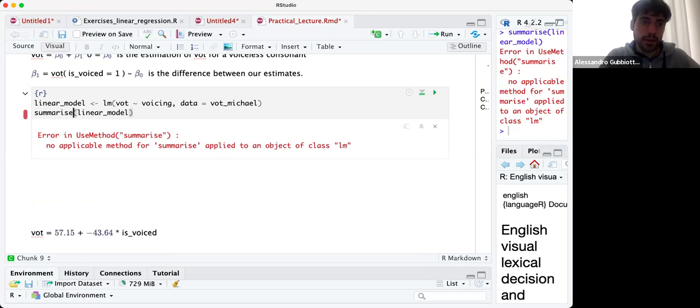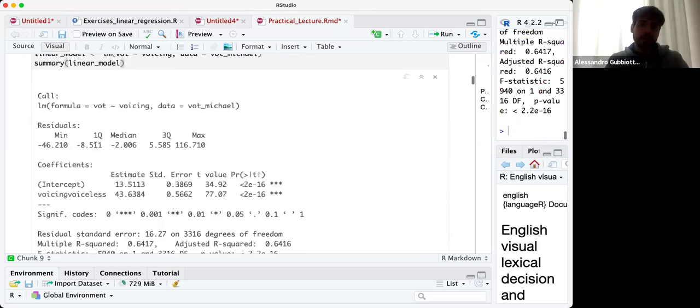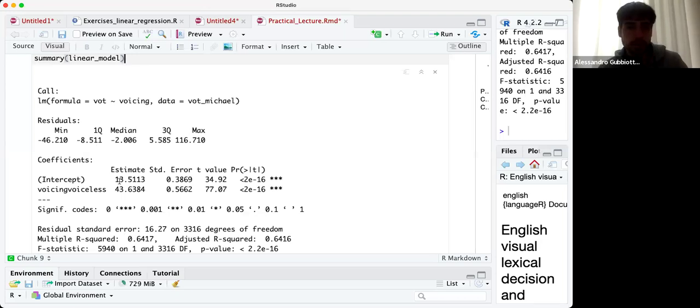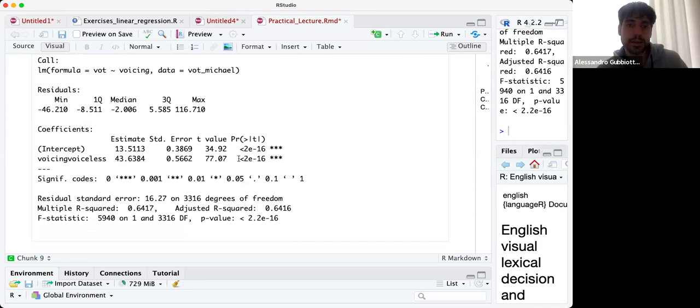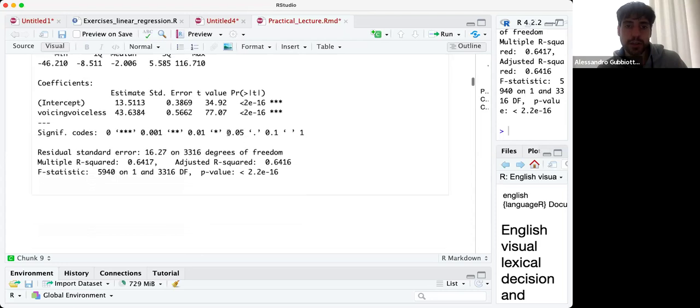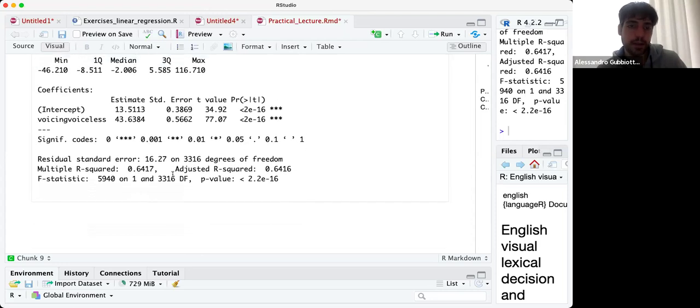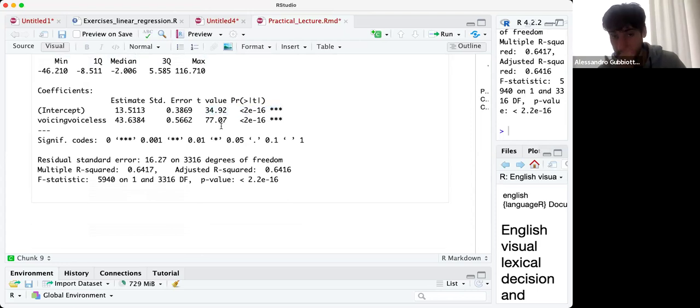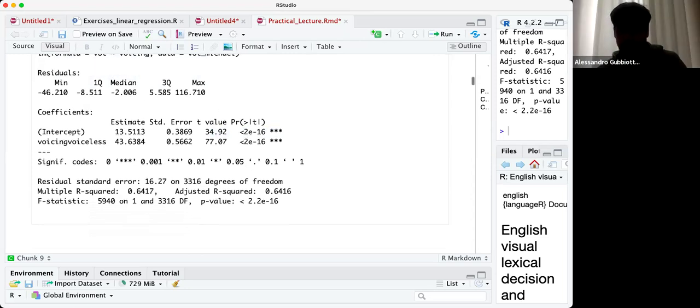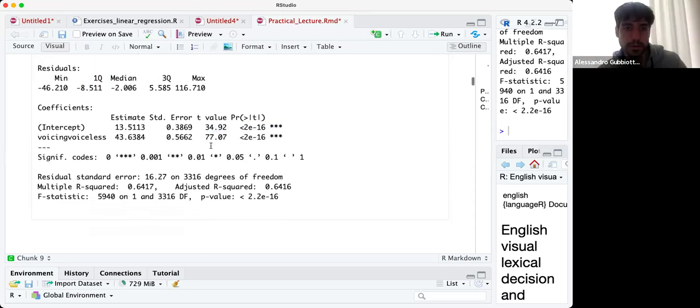Okay, no, it was summary. So it gives us some more quantities: it tells us if the coefficients that we found, beta 0 and beta 1, are significantly different from 0 or not. It makes a t-test and gives us back this information.